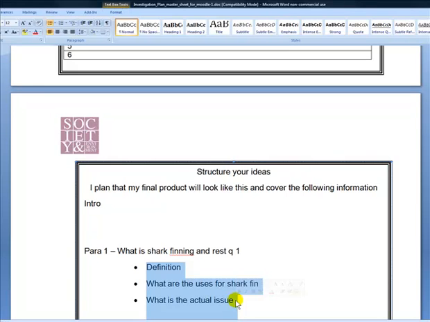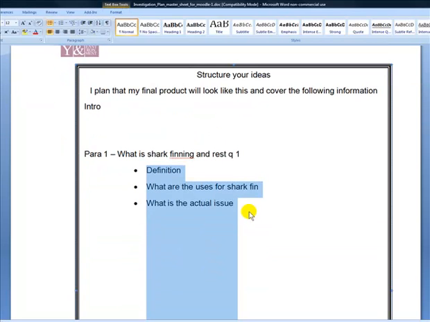I can't write my first paragraph until I've got those points down. So it's really important, as I said, this planning stage is really important for you guys to use in terms of actually creating a really decent bit of work for you.